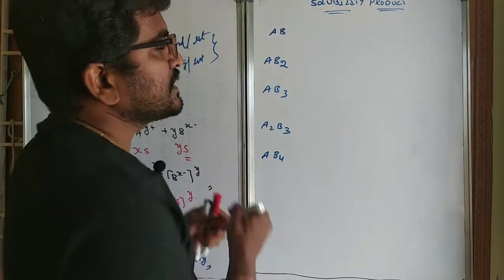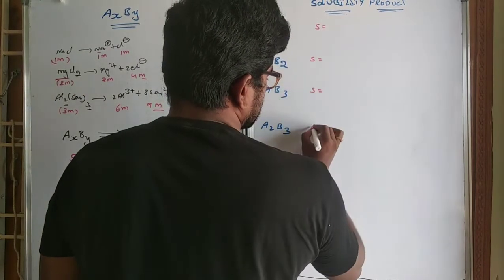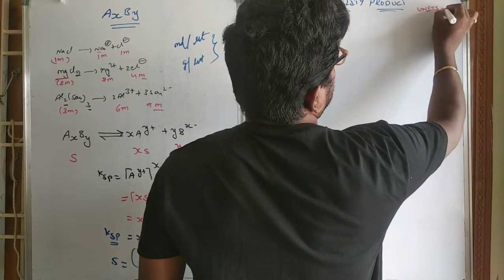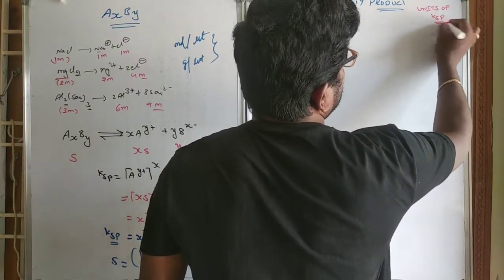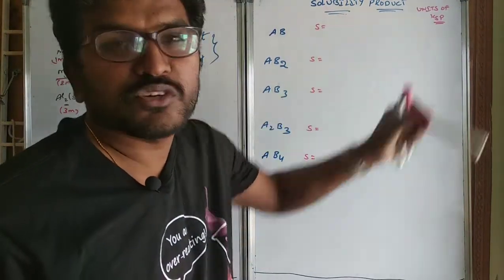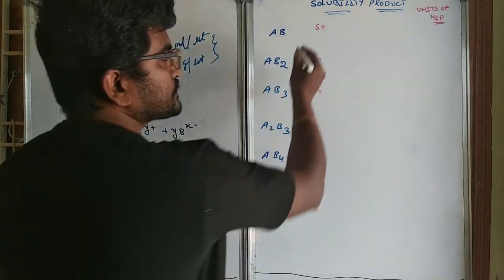For these, let us write the solubility relation as well as units of KSP. This is also a very important thing. Sometimes by looking at the units of KSP, you can assess what is the type of salt.